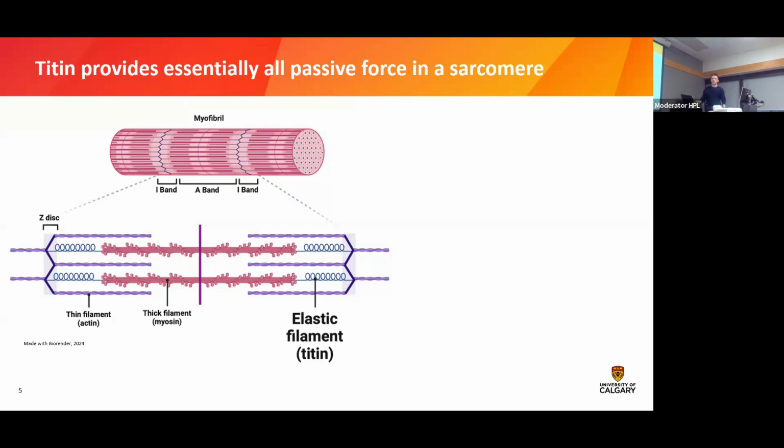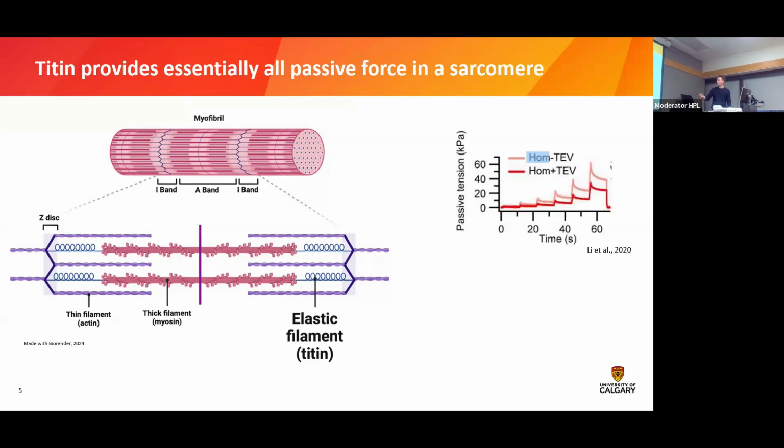And this has been supported, some of you may have been here. This is actually work done in part by Song Wan, who presented this in her seminar about 2 years ago, where they cleaved Titin during a myofibril experiment to show that Titin is responsible for all passive force.